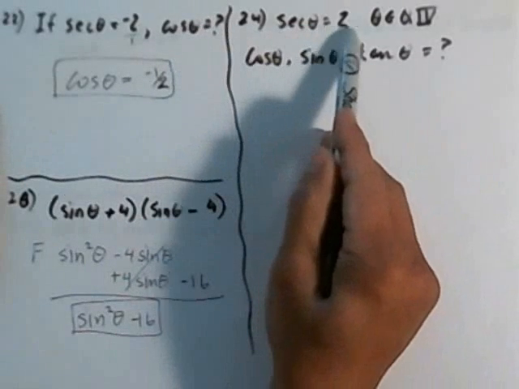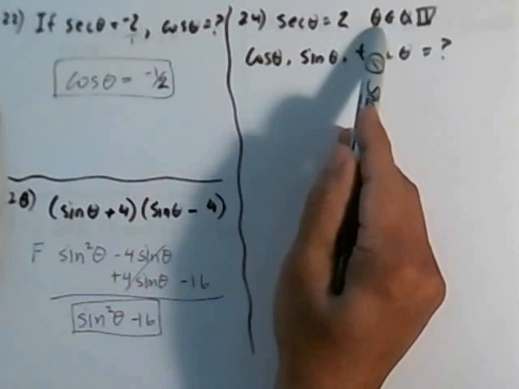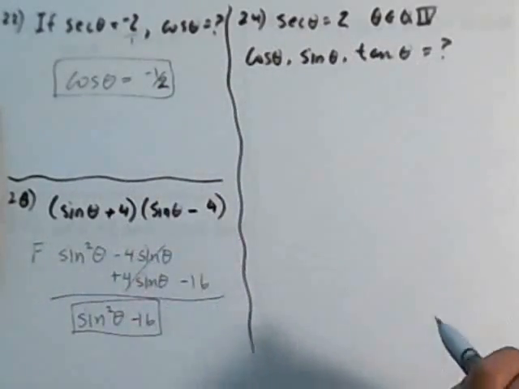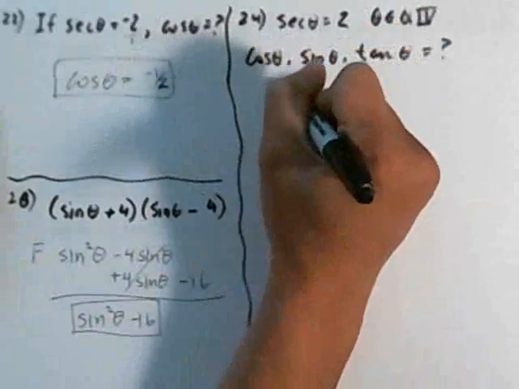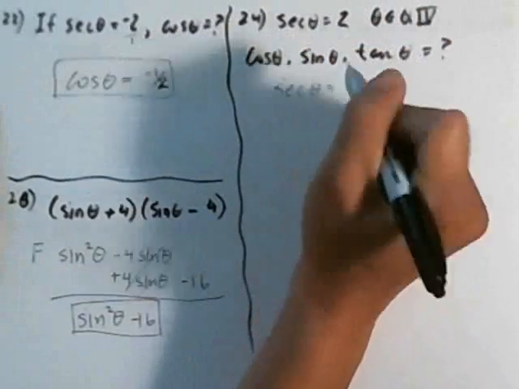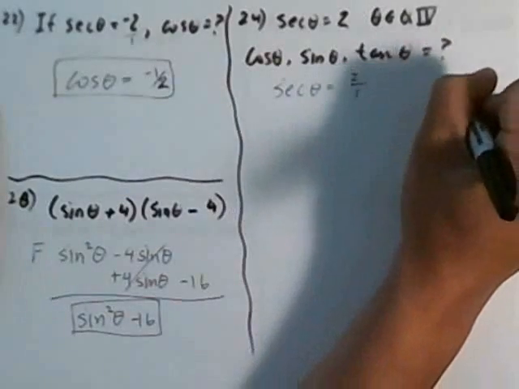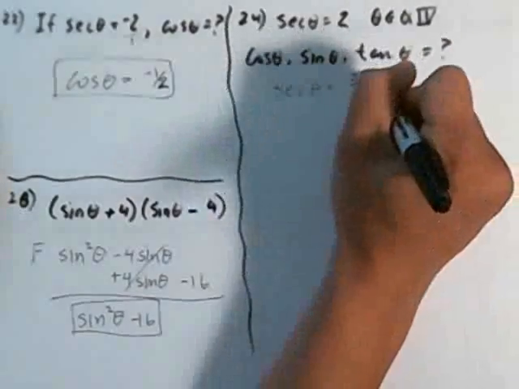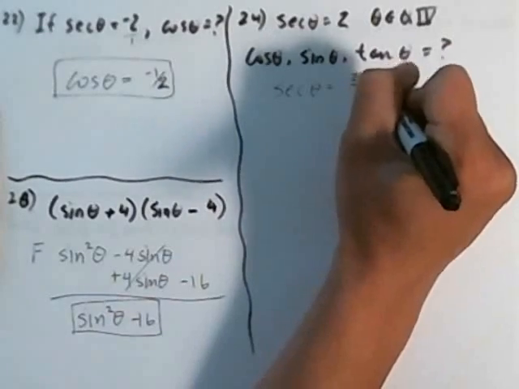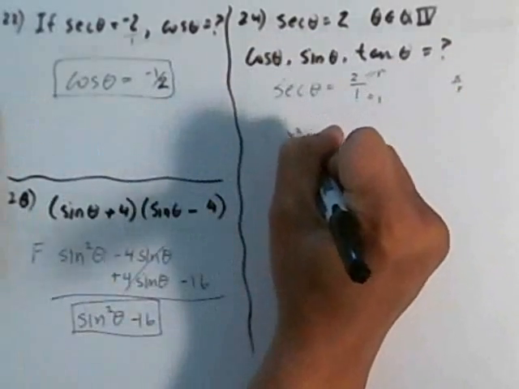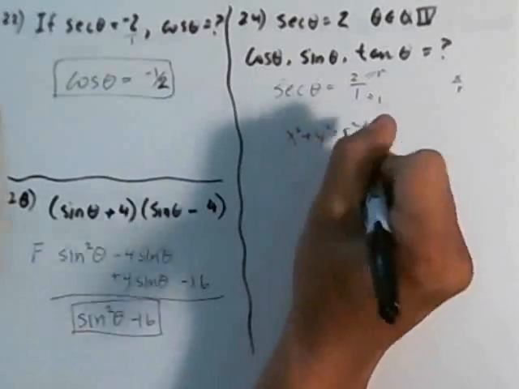Secant theta equals 2. Given theta is in quadrant 4, find the cosine, sine, and the tangent. So let's rewrite this. Secant theta is equal to 2 over 1. I know that the cosine is x over r, so the secant is r over x, that's equal to your radius, that's equal to 1. So x squared plus y squared is equal to r squared.